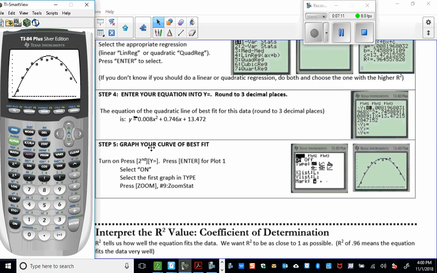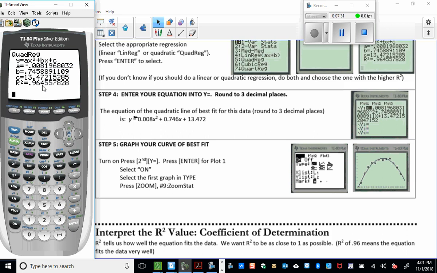Okay. Now the last thing to talk about, which I kind of skipped over earlier, is when you do the stat calc and you do quad reg and push enter here. It gives a number down here called r squared, right?